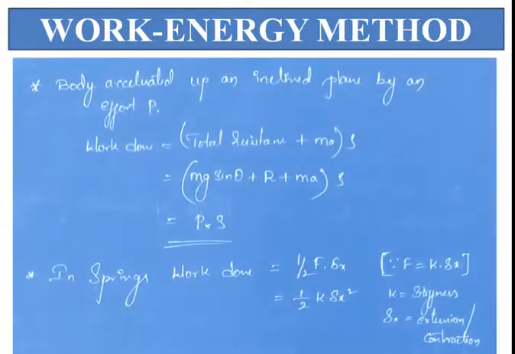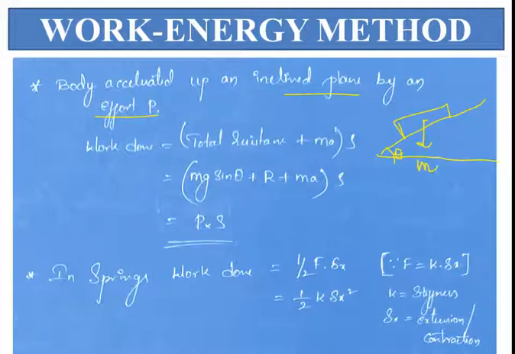And coming to the next one, the body accelerated up an inclined plane by an effort P. Now we have an inclined plane of angle theta, and your body is here, which has weight mg acting downwards.